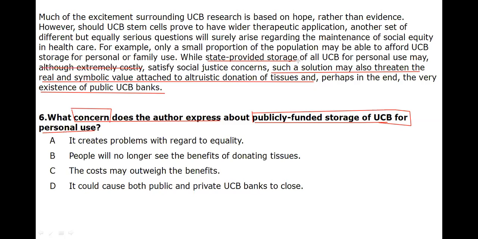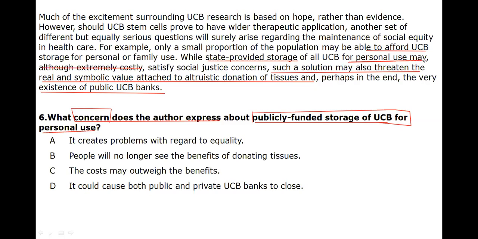Because he has mentioned in the previous sentence that not everyone would be able to afford the UCB storage. So what if we provide storage for free of cost, but then we use it for personal or family use? That means then we will be selling it.